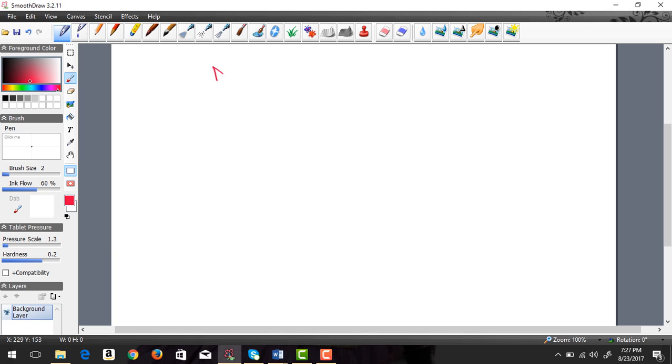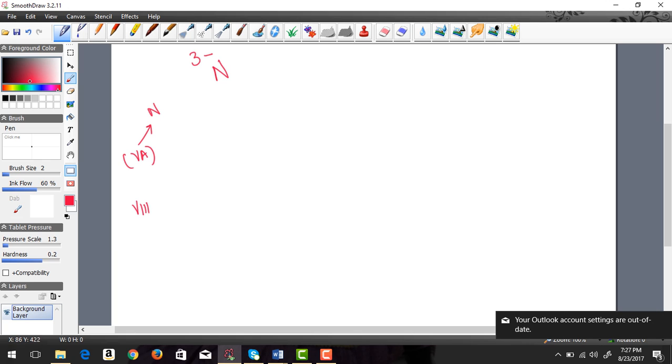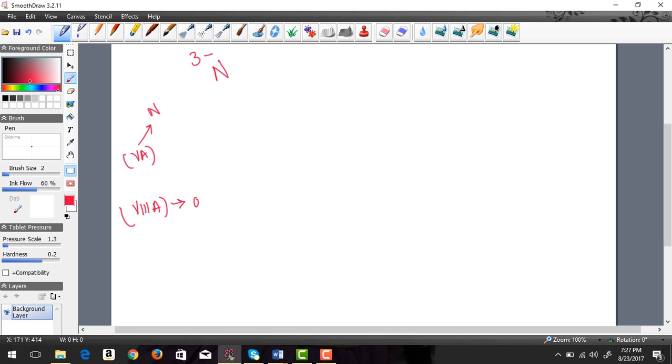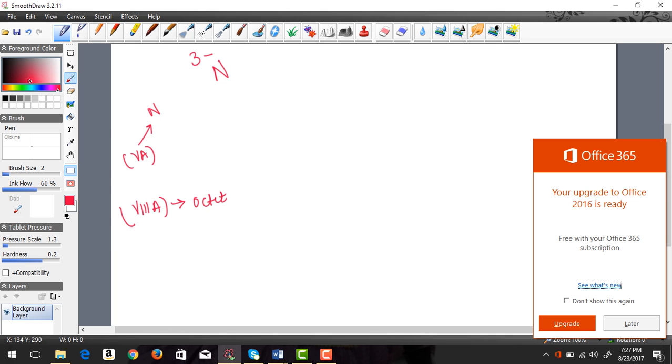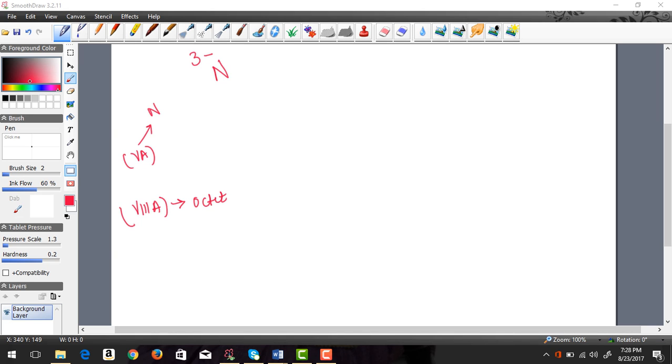All right, so say nitrogen 3 minus. I even explained why nitrogen can gain 3 minus: nitrogen is in group 5A, and there's a magic number of group, which is 8A, the last group. That's the octet. All elements that are non-metals would like to go to 8 from whatever they are.